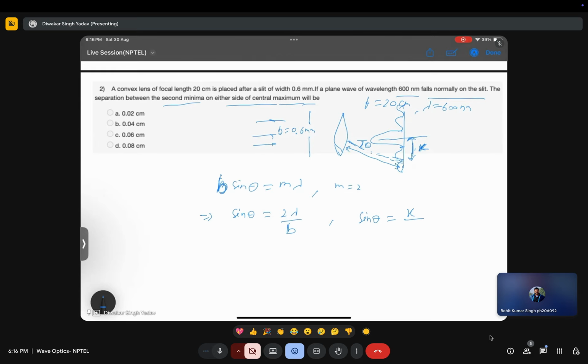As in the case of Young's double slit experiment, we assume that this distance is larger than d. Here also we can assume this focal length is larger than b. So we can write sine theta as x by f, so x will be basically 2f lambda by b. Is this fine?